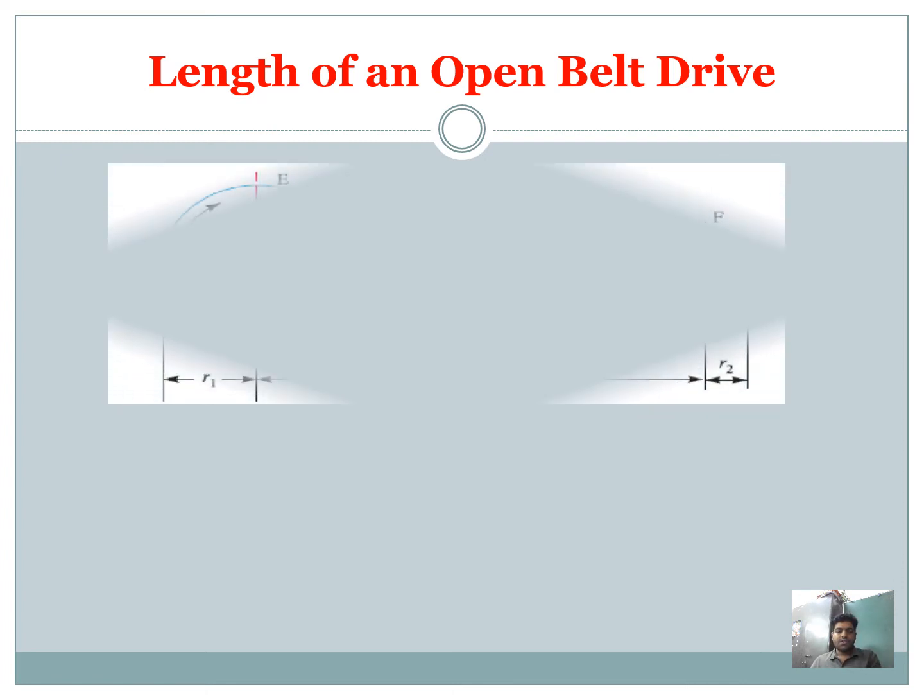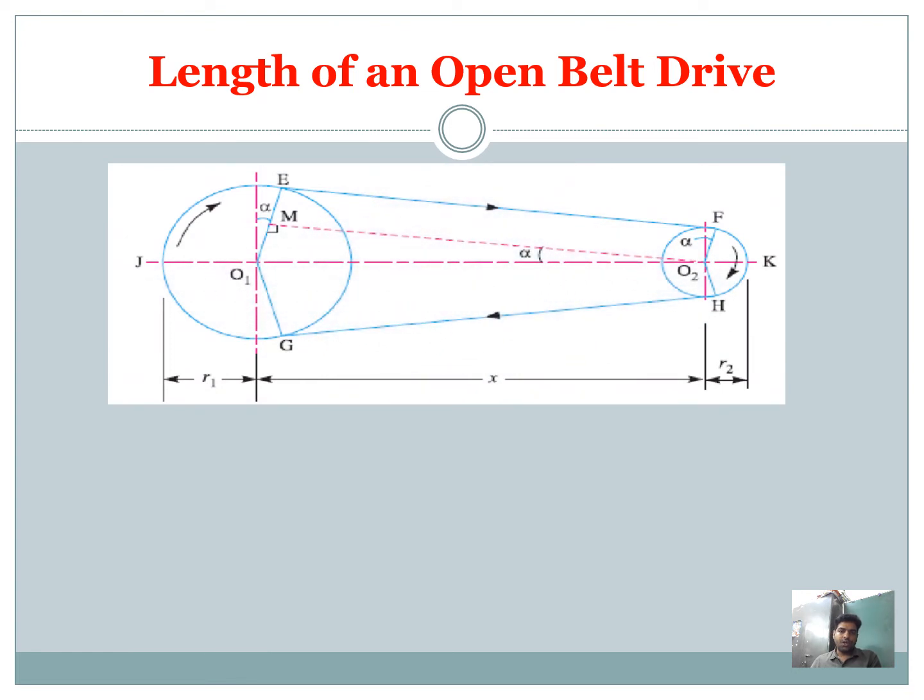Now, in this slide, we are going to derive the expression for the length of an open belt drive. First, we draw an open belt drive. As we have already discussed in the previous slide, in an open belt drive both the pulleys are driven in the same direction.